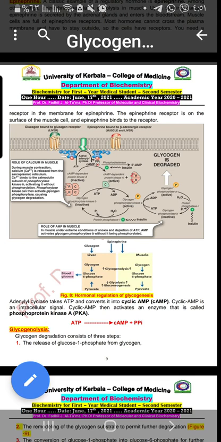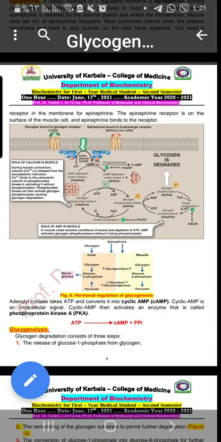This figure indicates the role of glycogenolysis or glycogen phosphorylase. As indicated, we have glycogen with alpha-1,4 and alpha-1,6 glycosidic linkages.